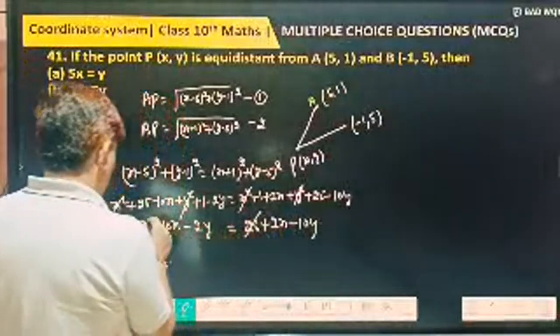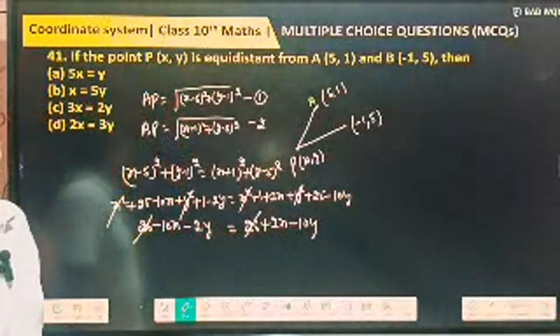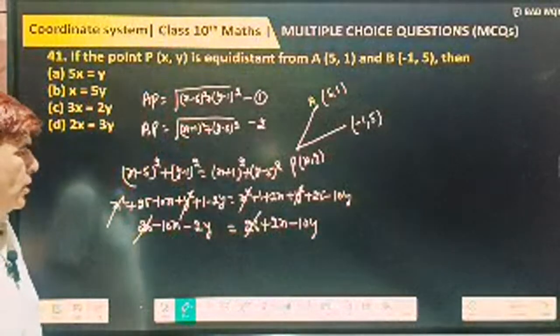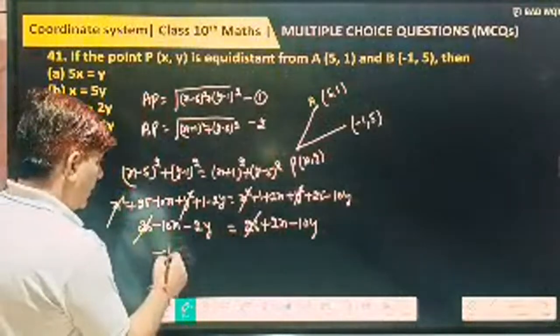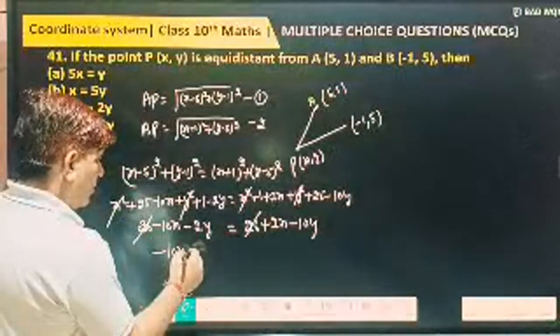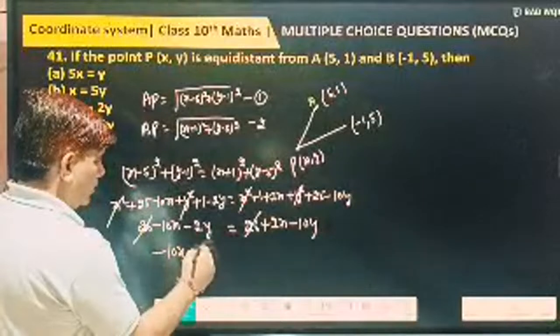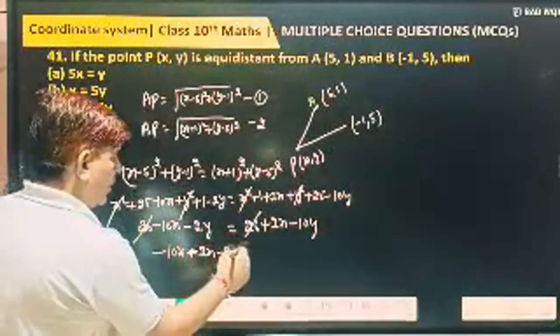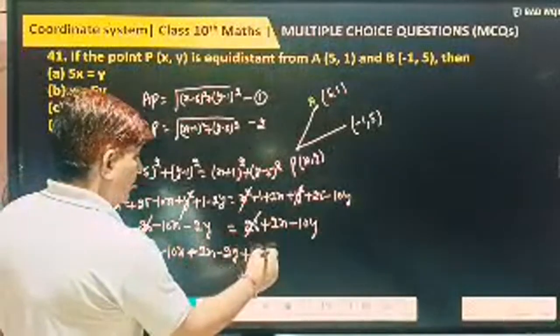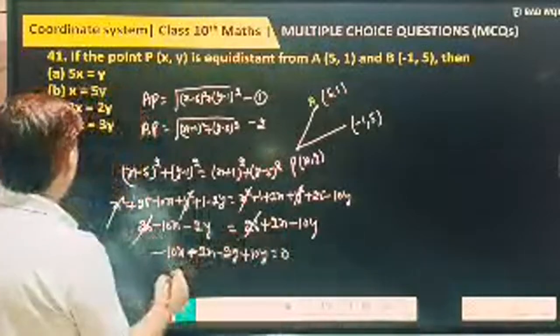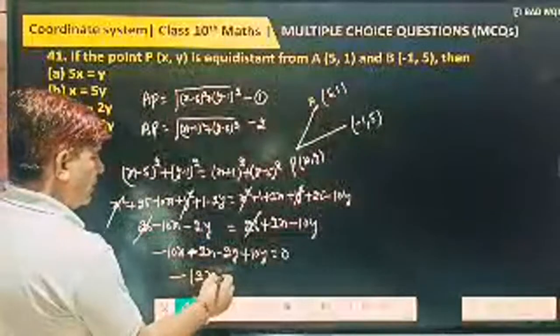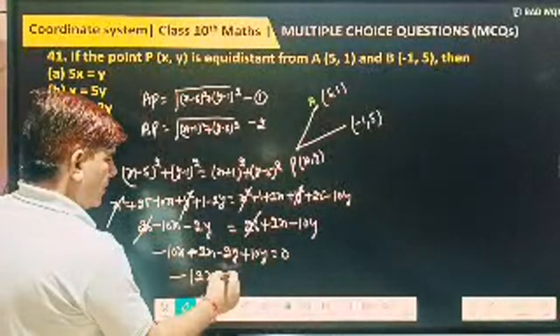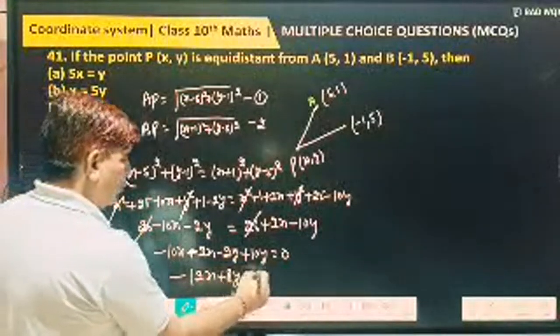If you check, this also cancels. Bring to this side: minus 10x minus 2x, minus 2y plus 10y is equal to 0. How much? Minus 12x plus 8y equal to 0.